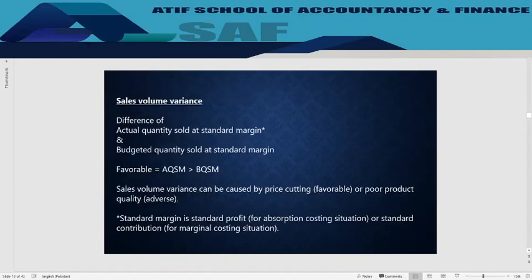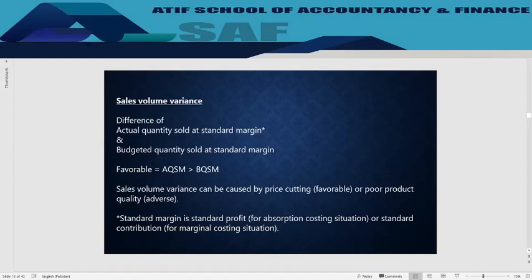Sales volume variance. This is said to be the difference of actual quantity sold and budgeted quantity sold. And this difference, when we multiply it with the standard margin, gives us the sales volume variance. If actual quantity sold is greater than budgeted quantity, then the variance is said to be favorable.